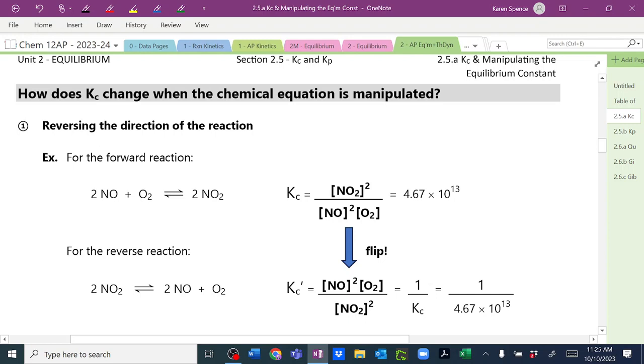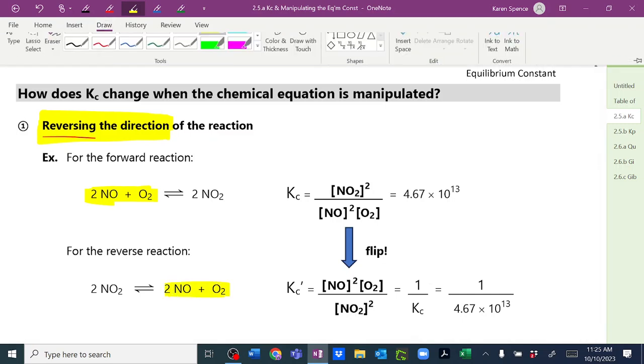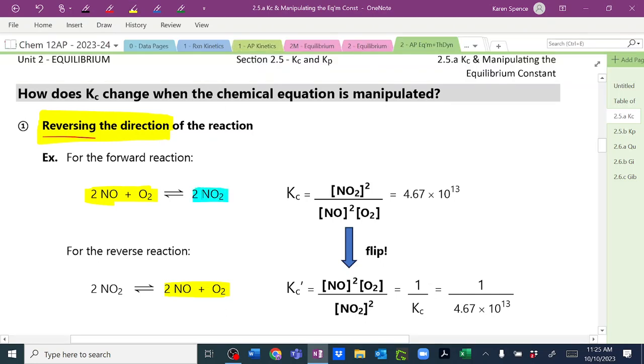How does Kc change when the equilibrium equation is manipulated? So let's start by reversing the direction. My reactants have become my products, and my products have become my reactants.